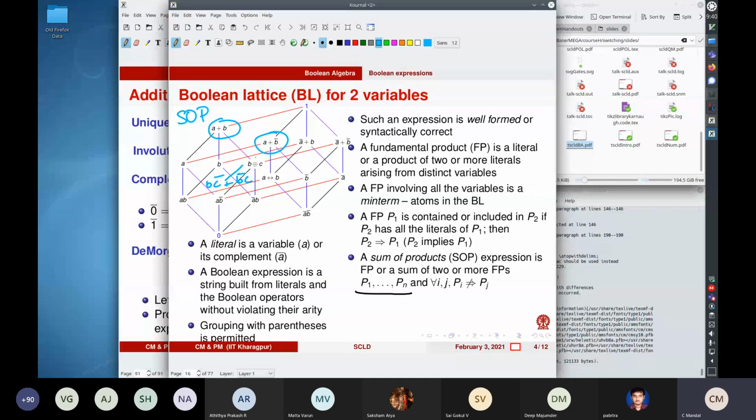This is AB. So you have got some shorthands here, and this is just a compact representation of these expressions. All of these are fundamental products and sum of product expressions, SOP expressions.